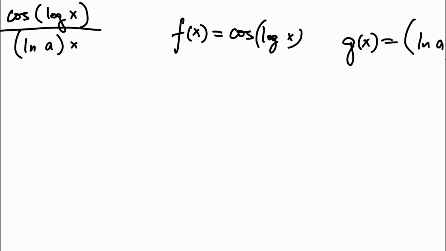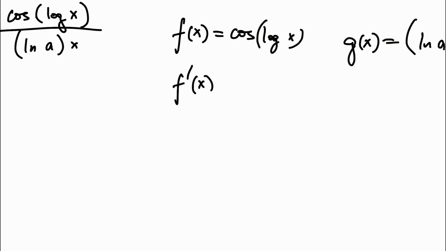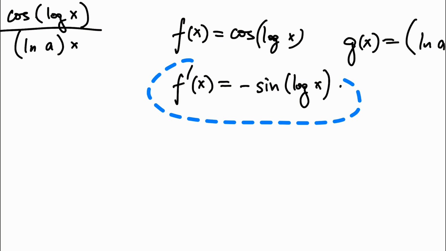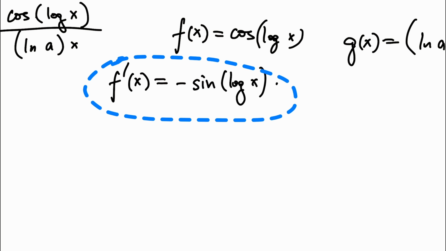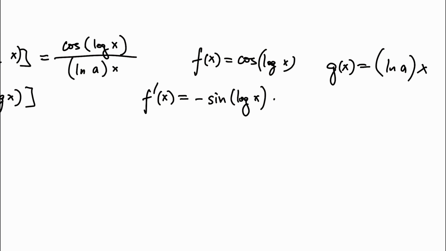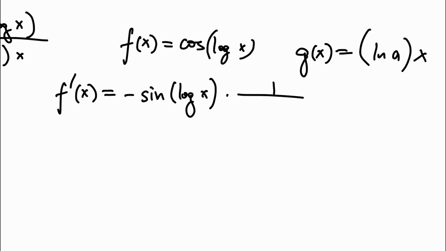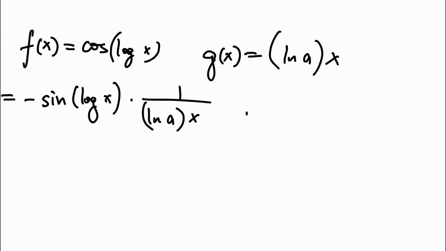And the derivative of f with respect to x is equal to this, so that's negative sine log of x. And when you multiply this, we need to multiply by the derivative of log of x, so that is 1 over ln of a times x. And we have the derivative of g with respect to x.